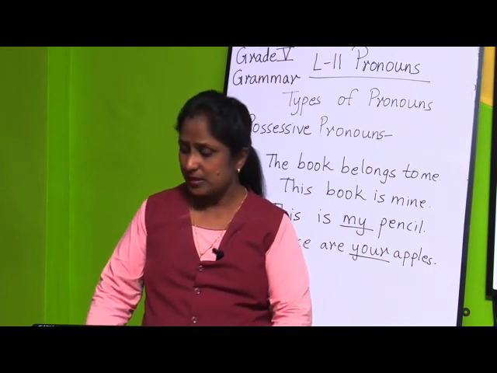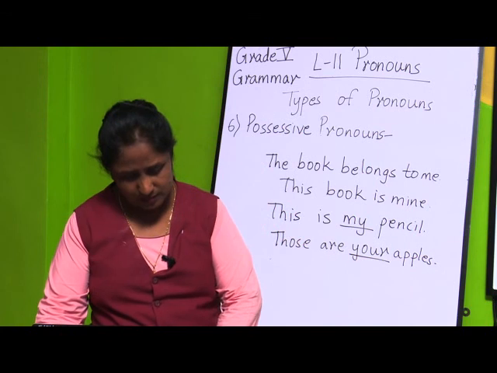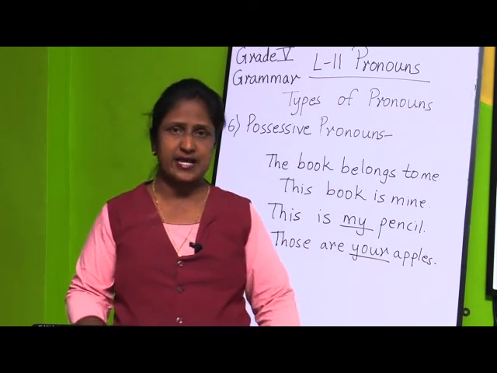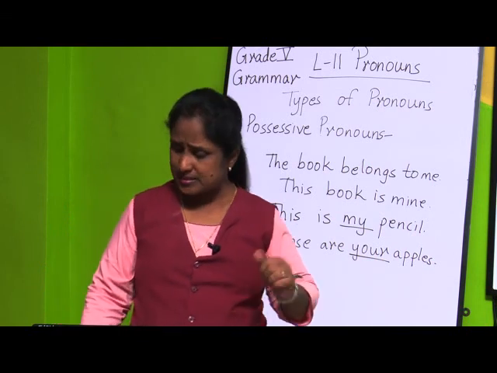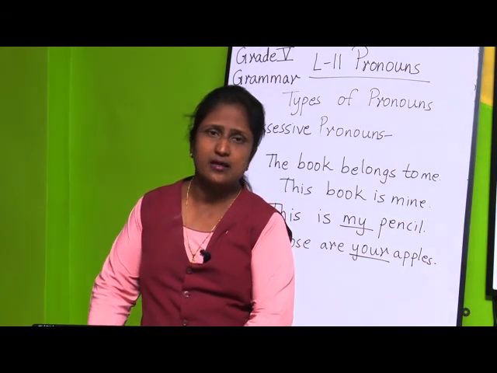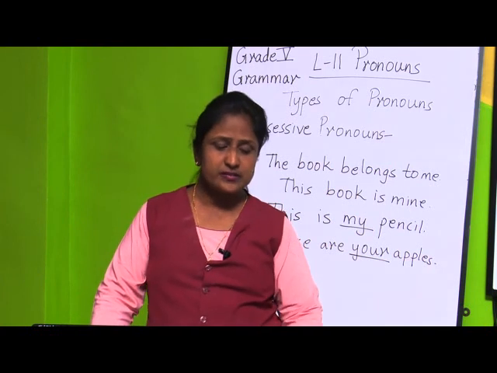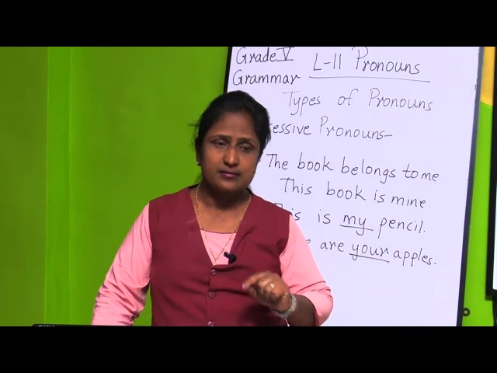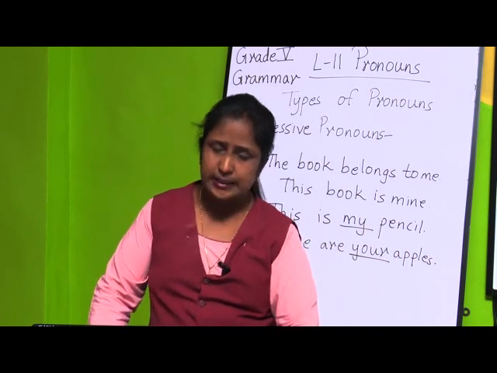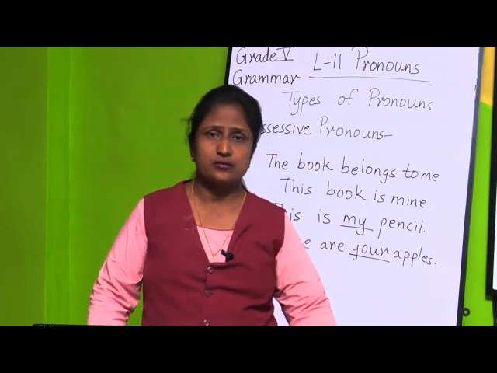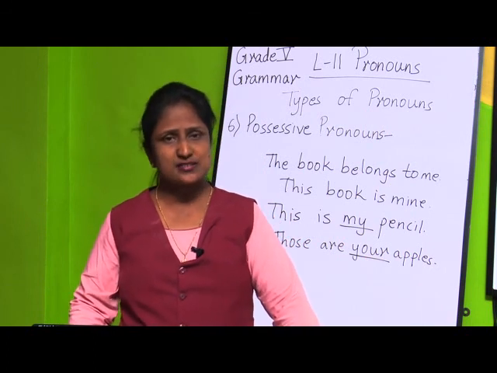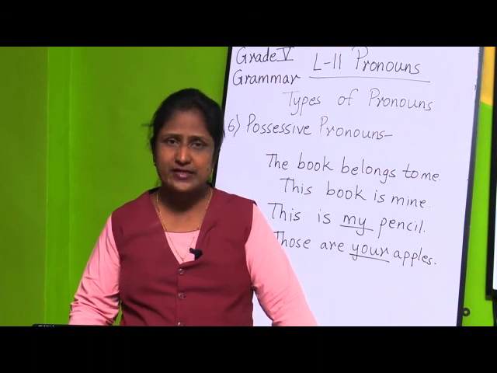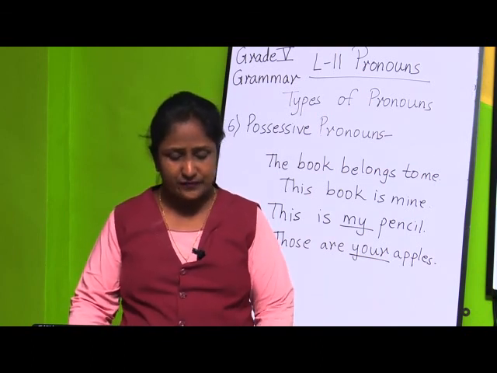Personal pronoun: the pronoun used in place of the name of any person, place, animal or thing is called a personal pronoun. Second is demonstrative pronoun, used to point out the object: this, that, these and those. Then third is interrogative pronoun, the pronouns which are used to ask questions.